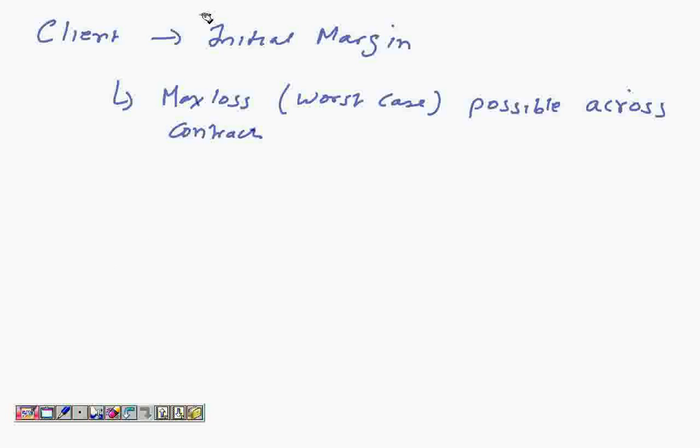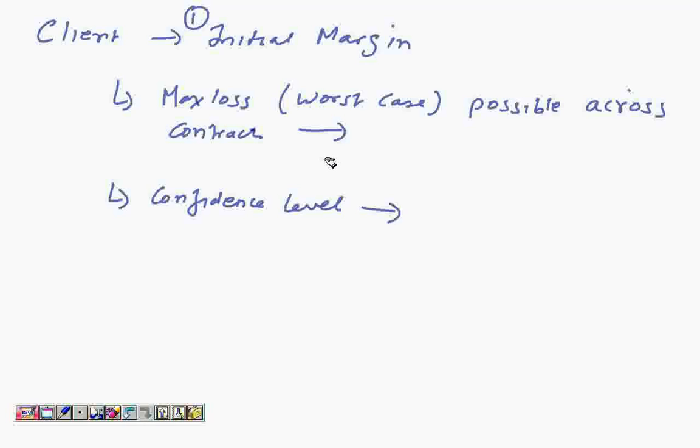So that is what we are looking at, but this has to be at a certain confidence level of the market, right? So what we are saying is, at the current confidence level, the maximum possible loss across the contracts is called the, and a percentage of that will be the risk that is there, right?